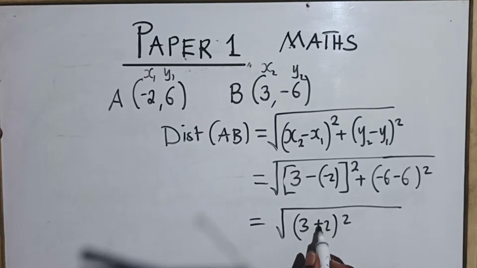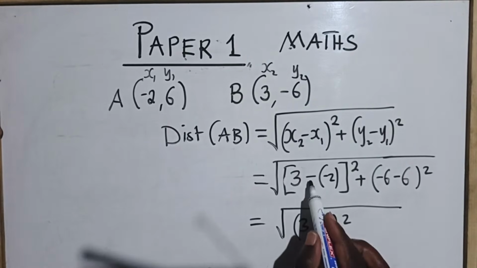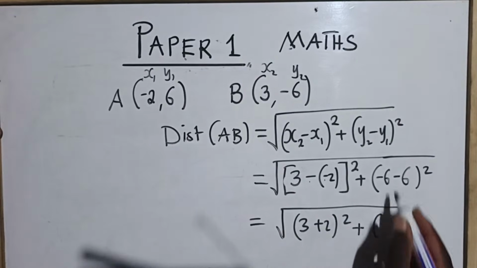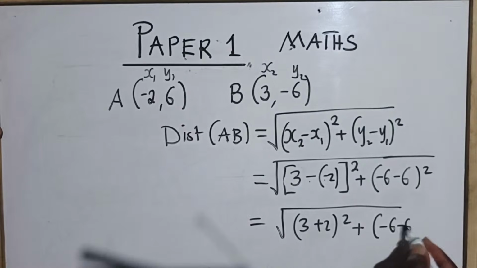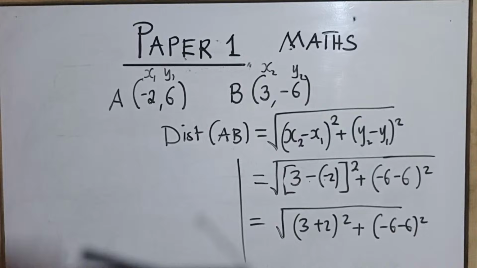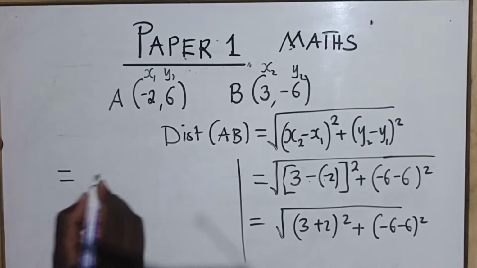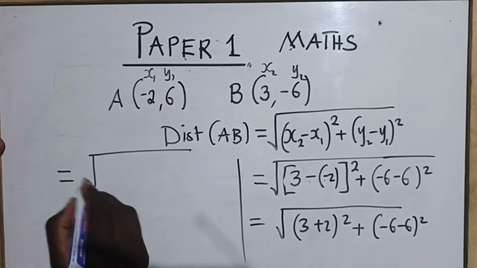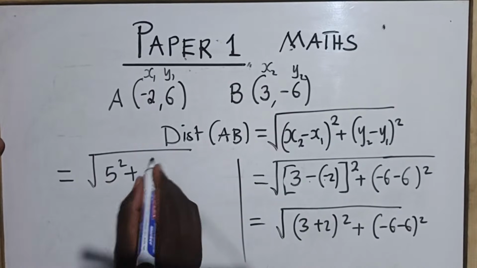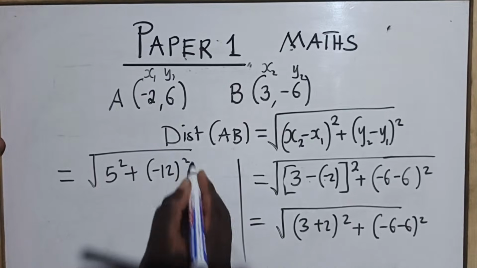This plus is coming about as a result of negative times negative giving us a positive. Plus here minus 6 power 2. So from this part, let me write it from this side. We can say equal to, here this is a 5 squared plus, here it's a negative 12 squared.